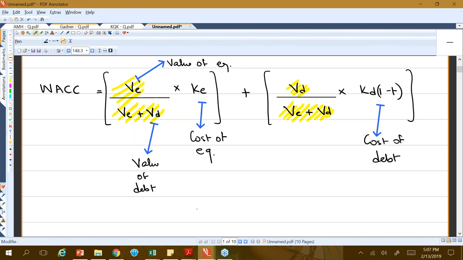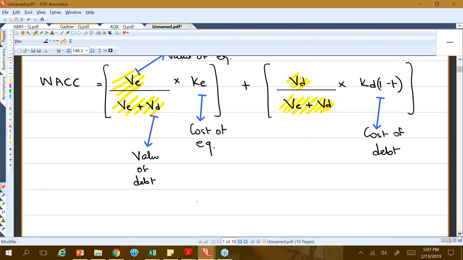So proportion of equity into cost of equity, proportion of debt into cost of debt. When I add these two, I get the cost of raising my equity and debt financing.